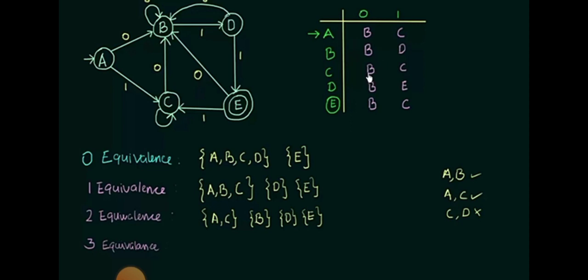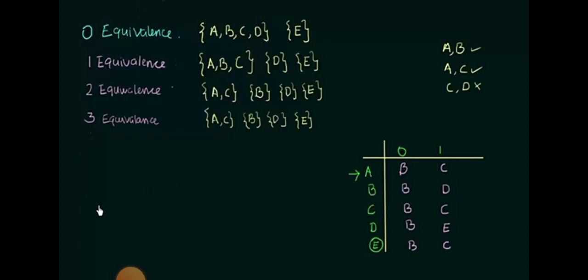A and C, when getting the input of 1, also go to the same place. So there is no problem, and they are combined as a single state. So put A and C in the three equivalence, bring down B, D, and E.